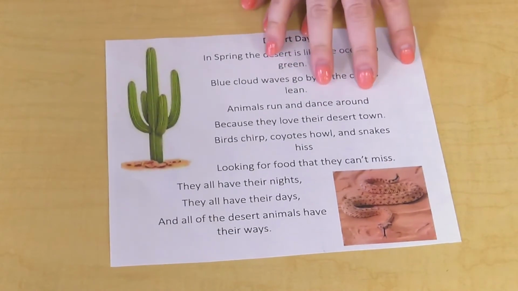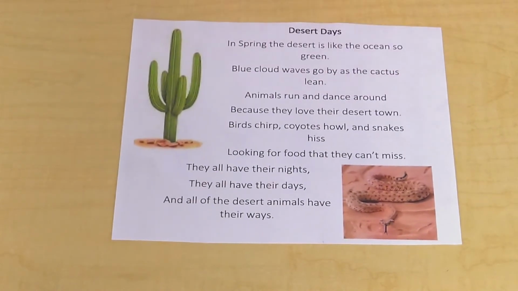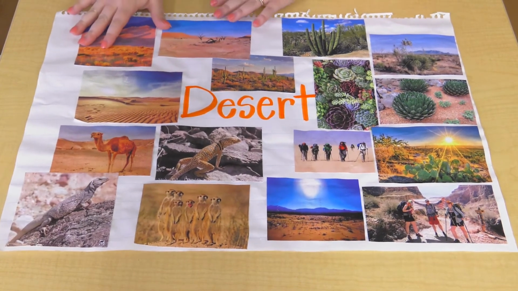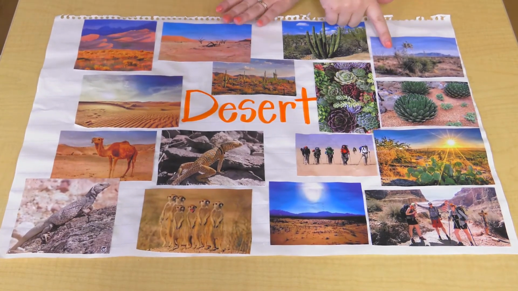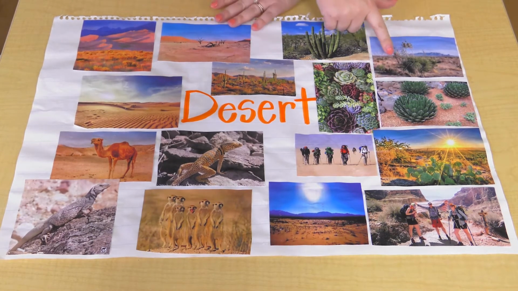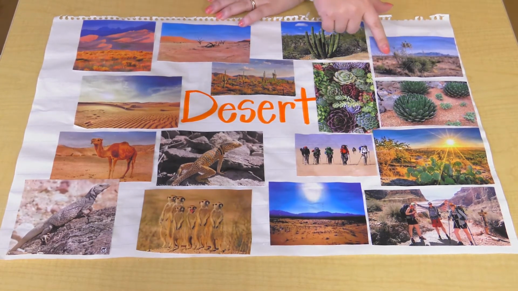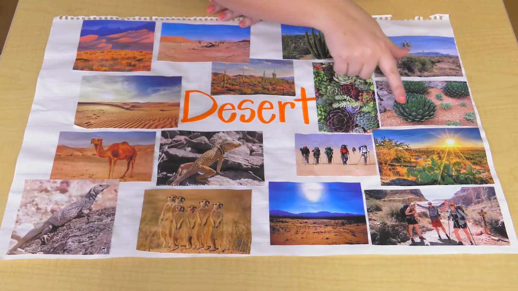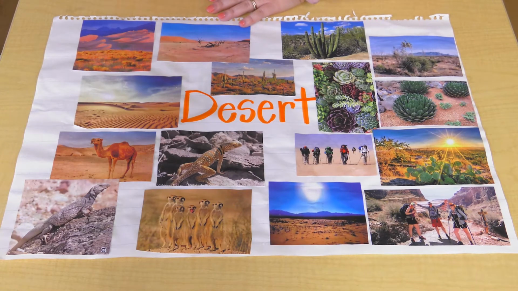We're going to go ahead and look at some animals and plants that might grow in the desert. We're going to first look at some of these pictures that we see over here. What are some things that you notice about these pictures? I noticed that there's a lot of green, but not a lot of other colors. In some of the other ecosystems, we see bright pink flowers or bright yellow flowers, but in the desert, we just see a lot of green plants.